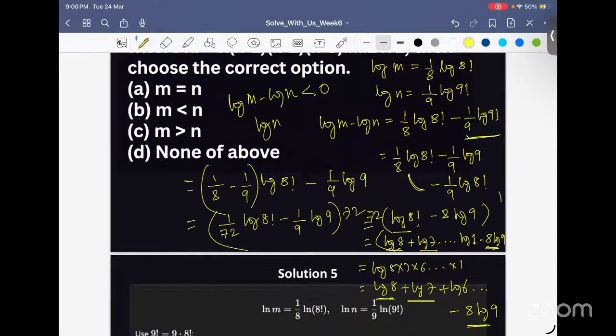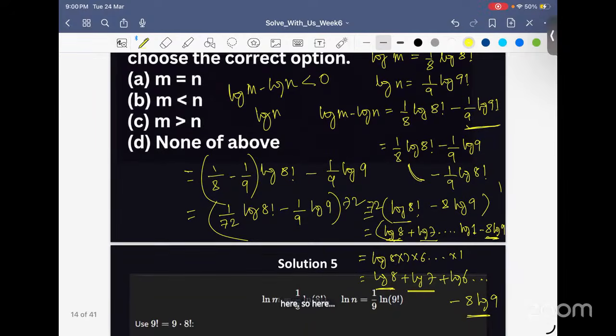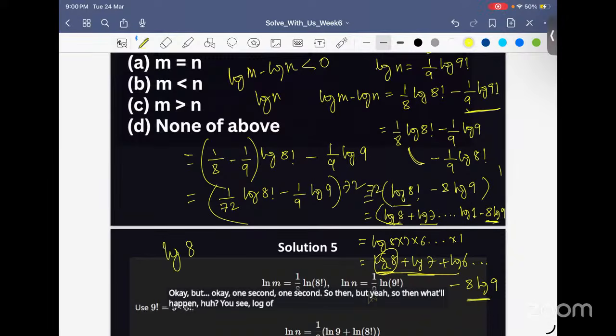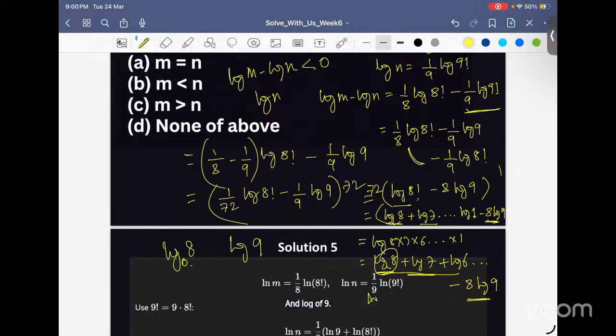Okay, one second. You see log of 8 and log of 9. If you are putting 0.5, which one will be greater? Sir, it's a decreasing function, then log 8 will be greater, right? Then this will be less, and you'll get positive, right?